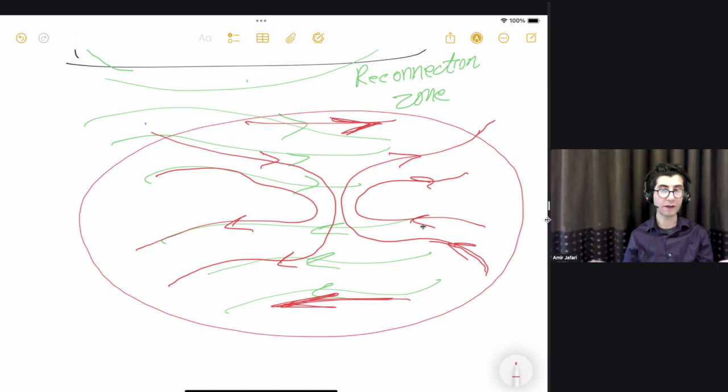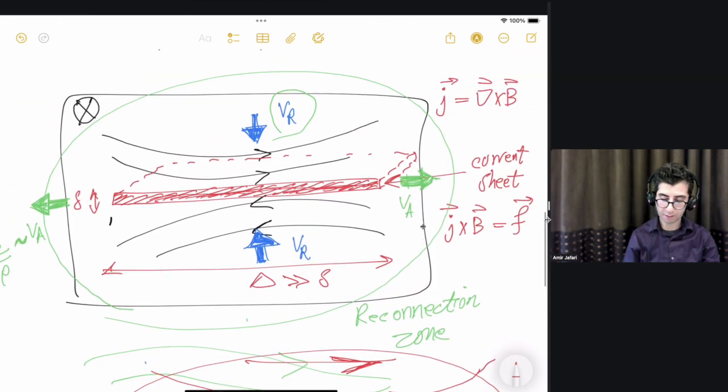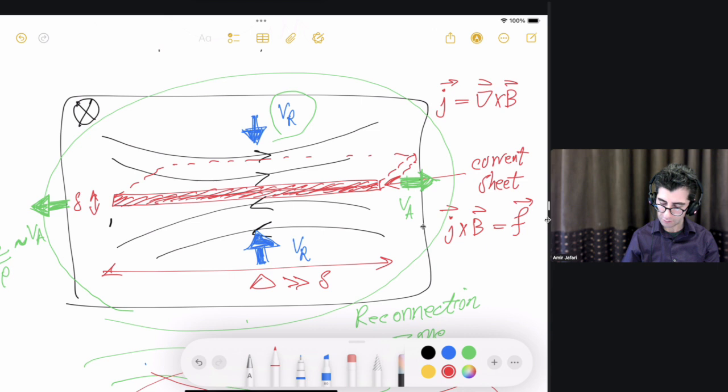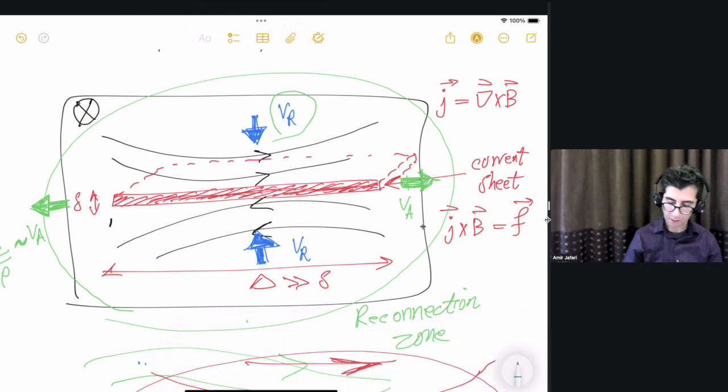This is called reconnection. Okay, so here if I use the same color in the opposite sense, let's use blue. Okay, so these field lines will reconnect and become something like this.